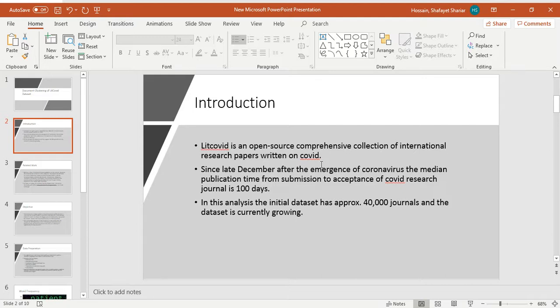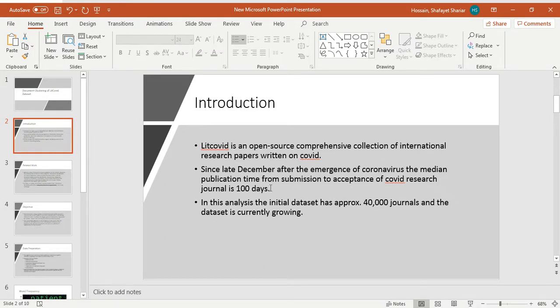The creation of LitCovid has something to do with the emergence of coronavirus and how the research community has profusely responded to the disease. According to one of the research papers, the median time from submission to acceptance of COVID research journal papers is 100 days.